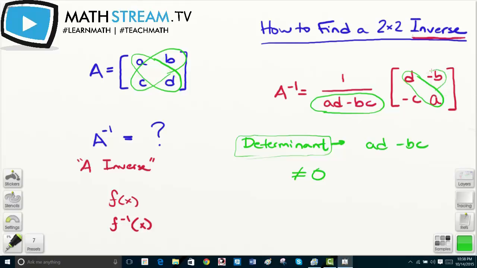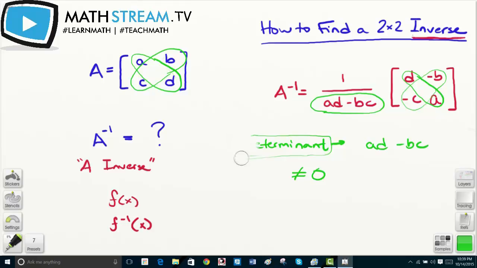On the second diagonal, the positions stay the same. We have b, c, and we still have b, c, but this time we switch the sign. If these two are positive, they both become negative, or if these two were negative, they would both become positive. So the sign of the numbers on that diagonal switches, negative to positive or positive to negative. So that's where those numbers come from.